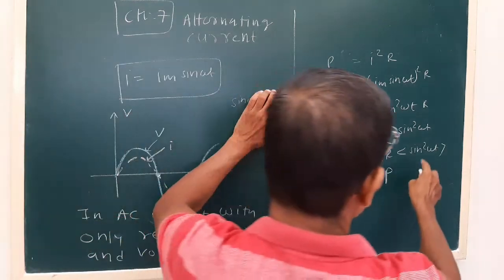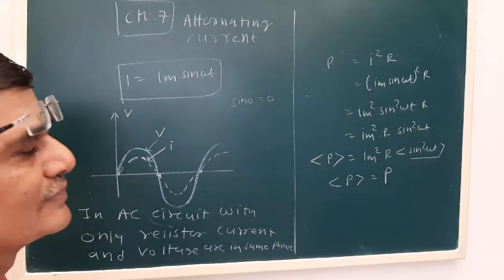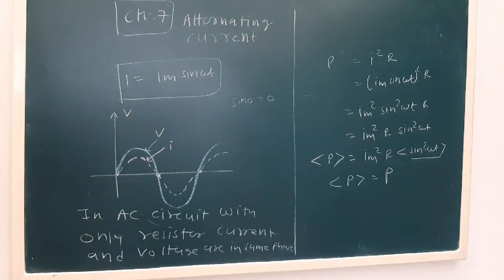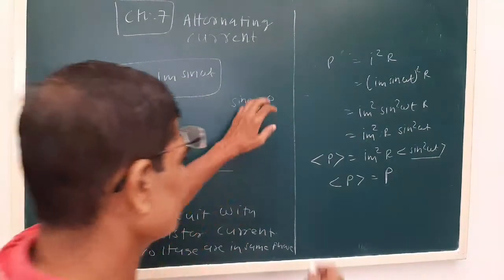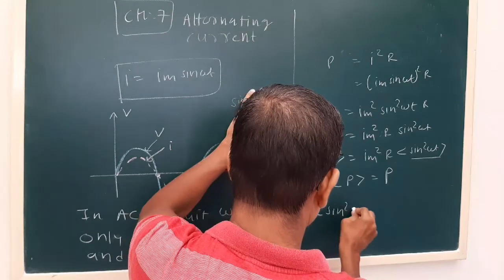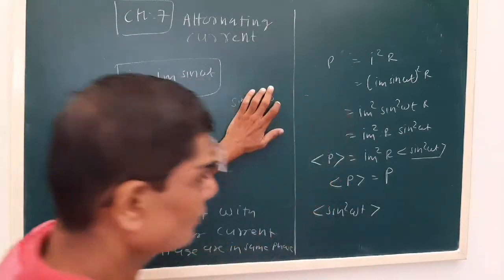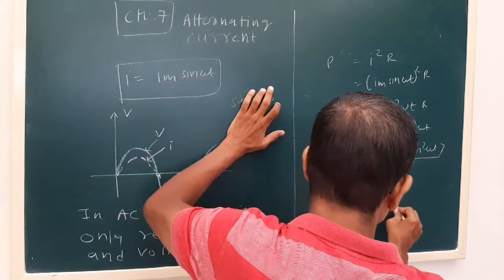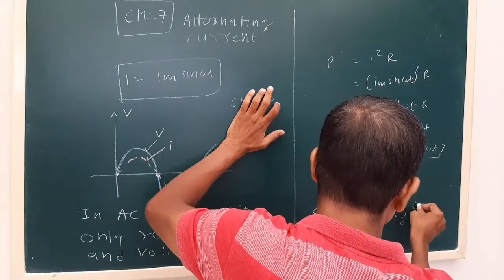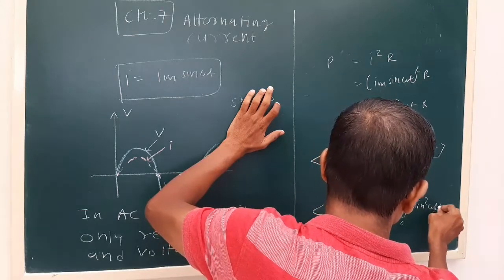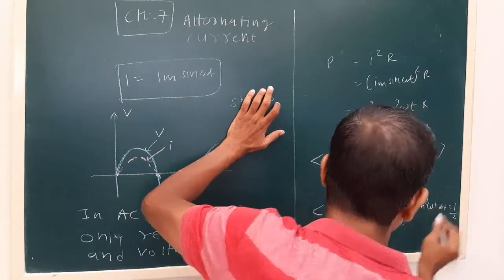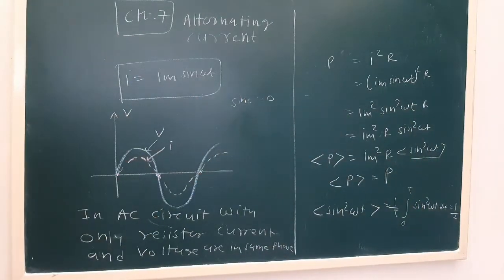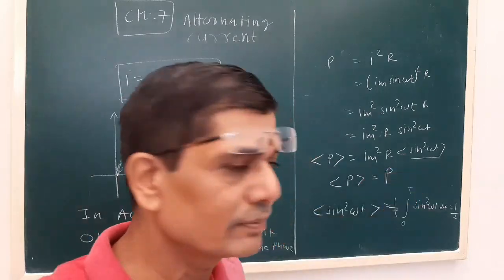Now see, sin square omega t. Those who are studying mathematics will know this, but we have to remember the average of sin square omega t, that is 1 upon T integral from 0 to T. Right now there is no requirement to go into the proof of this.